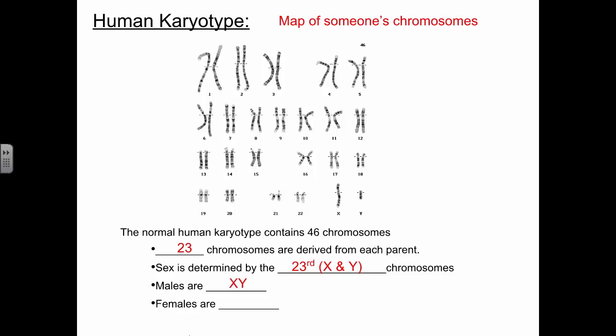Males are XY. So this is a karyotype of a male. Females are XX. So that's the 23rd. So if you have two X chromosomes in your 23rd pair, then you're a female. So about half of this class are XX, the other half are XY.